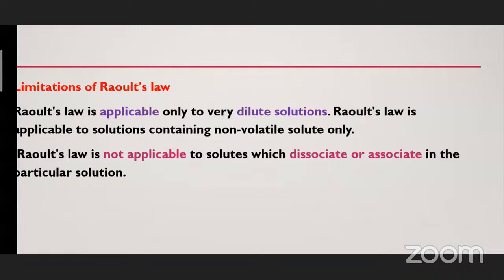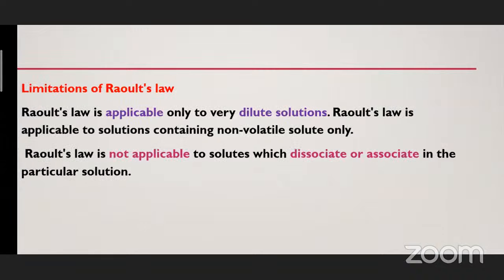So what is dissociation and association? Let us see here. Suppose we take sodium chloride. What is sodium chloride? It is the common salt. Its formula is NaCl. And we know that it is a polar compound. It is made up of Na+ and Cl- ions.